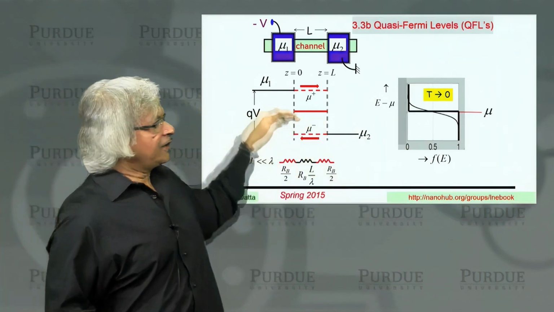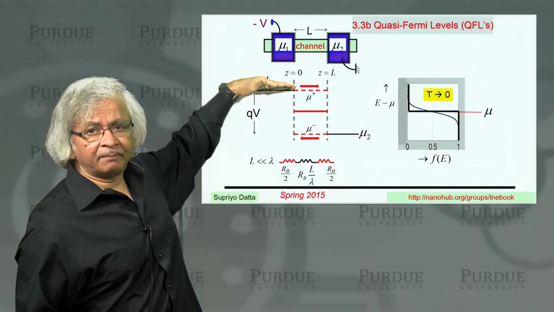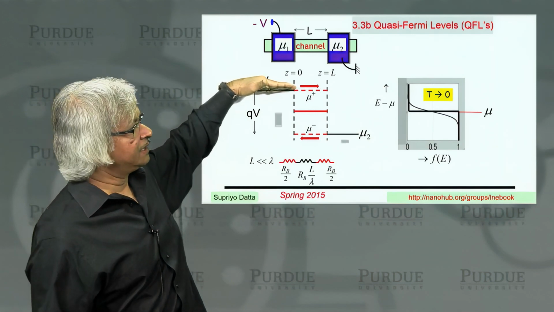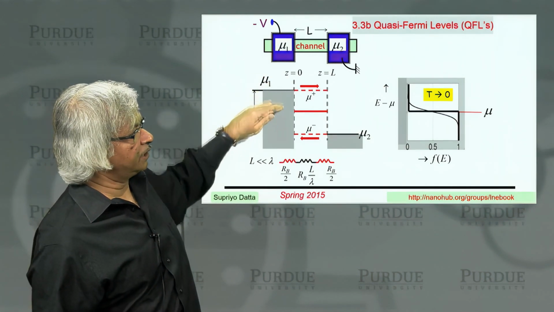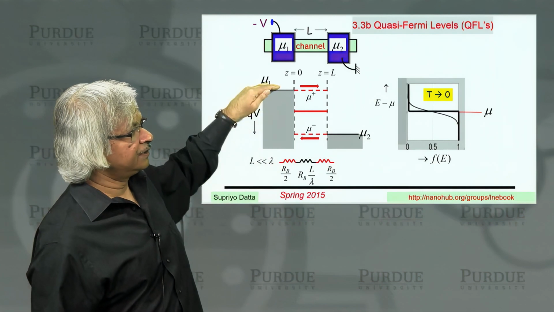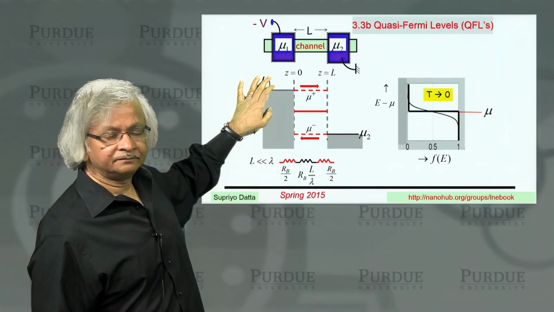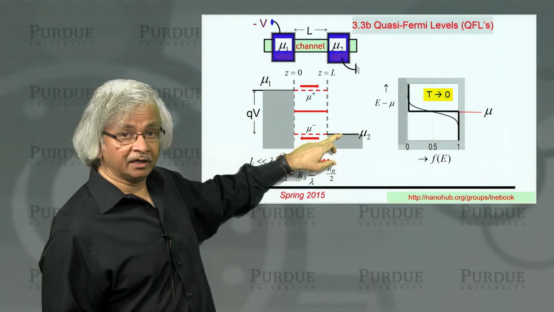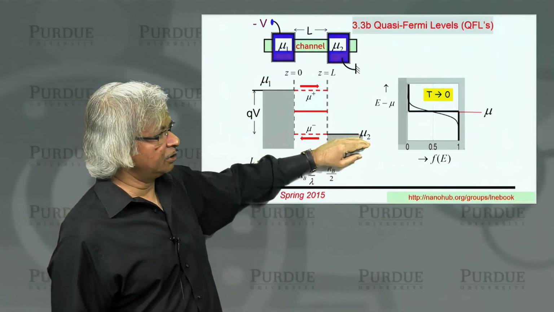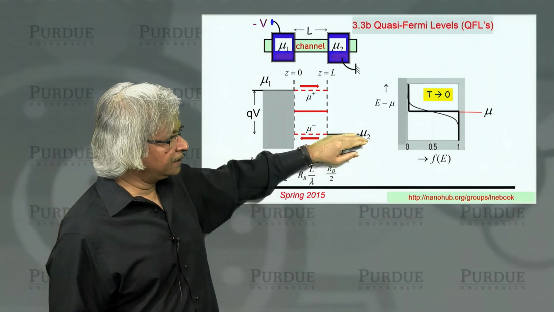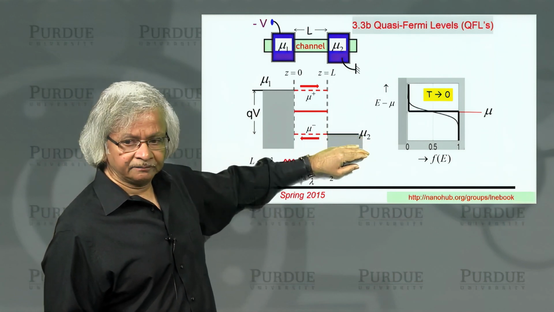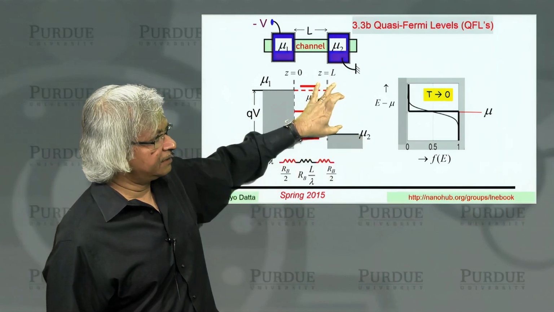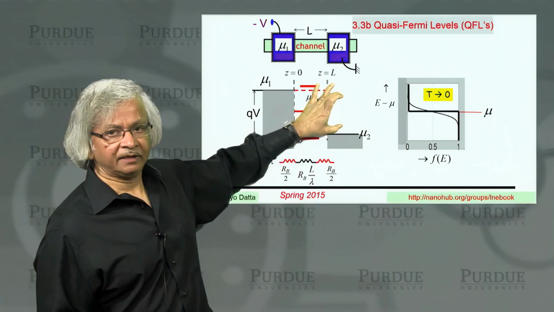So when I draw an electrochemical potential up here, what I really mean is that all the states below it are completely filled in this contact. Similarly, when I draw the electrochemical potential in this contact here, it means that all the states below it are completely filled down there. But here, the states are empty.